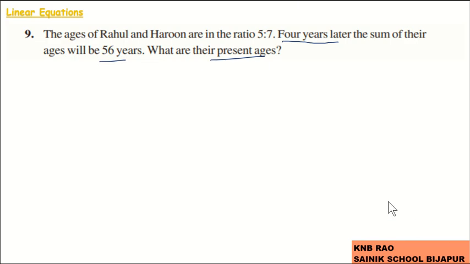So, here we will first take the ratio constant as a certain variable. Use the ratio and ratio constant to say the present age of Rahul and Harun.